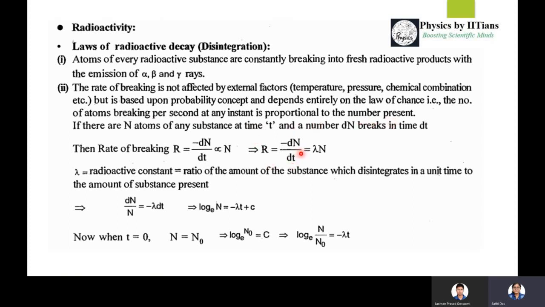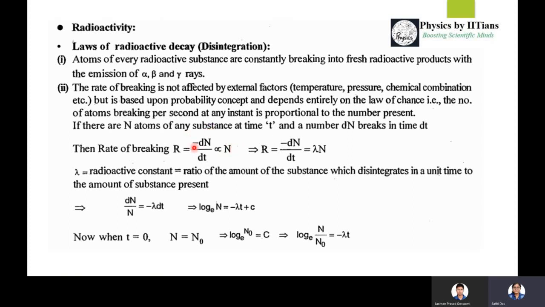So how do you find out the rate of the radioactive decay? We have to apply the concept that if there are n number of atoms at any time t, and a number dn, which is a part of that n, breaks in time dt. So the rate of breaking is minus dn by dt and it is proportional to the number already present.